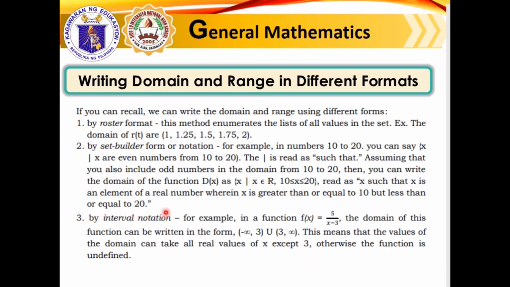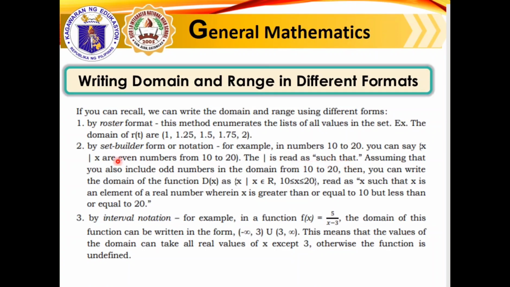So in roster format, this method enumerates the list of all values in the set. Example, the domain of R of t are 1, 1.25, 1.5, 1.75, and 2. By set builder form or notation, for example, in numbers 10 to 20, you can say that x such that x are even numbers from 10 to 20. So this symbol is read as such that.